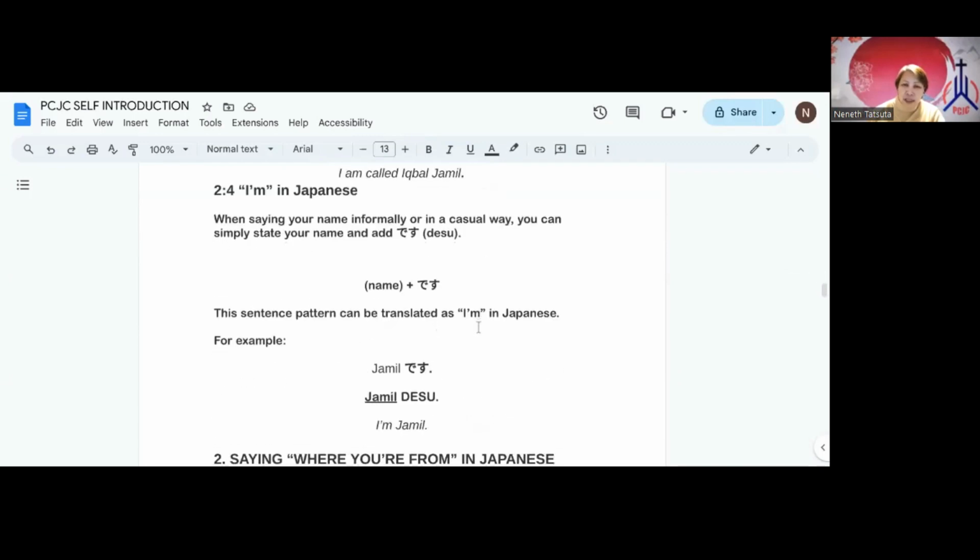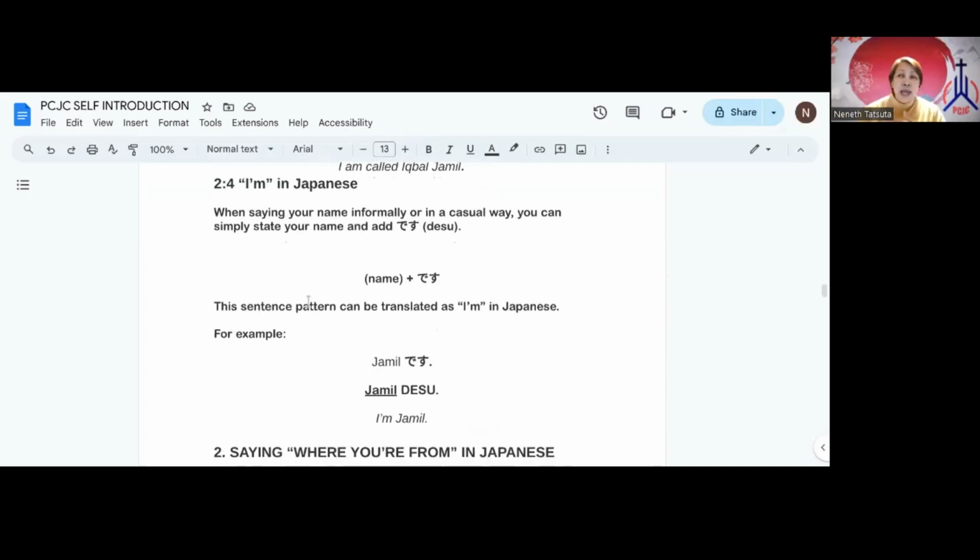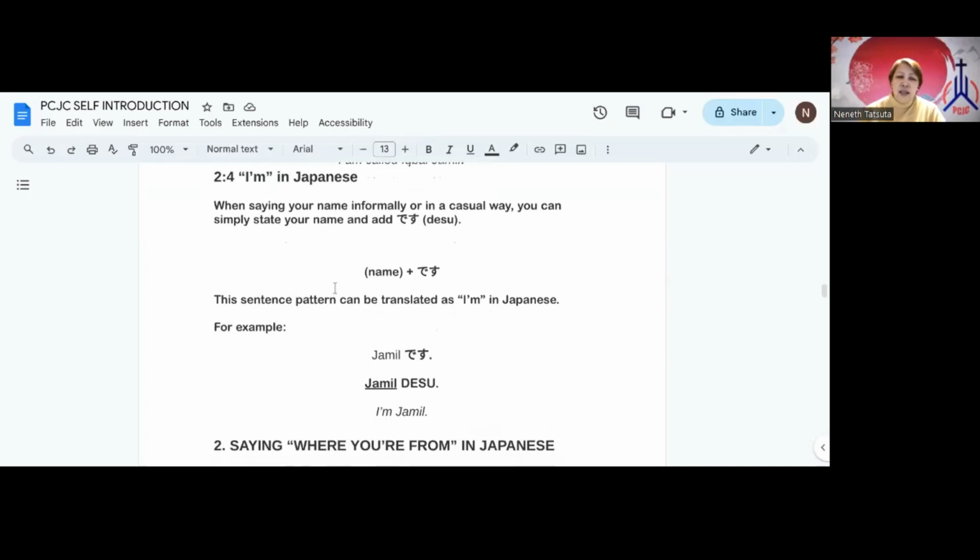Another one: I'm, in Japanese. Now, this is more casual. You can only use this if you are talking to your friends, people of the same age or younger than you.